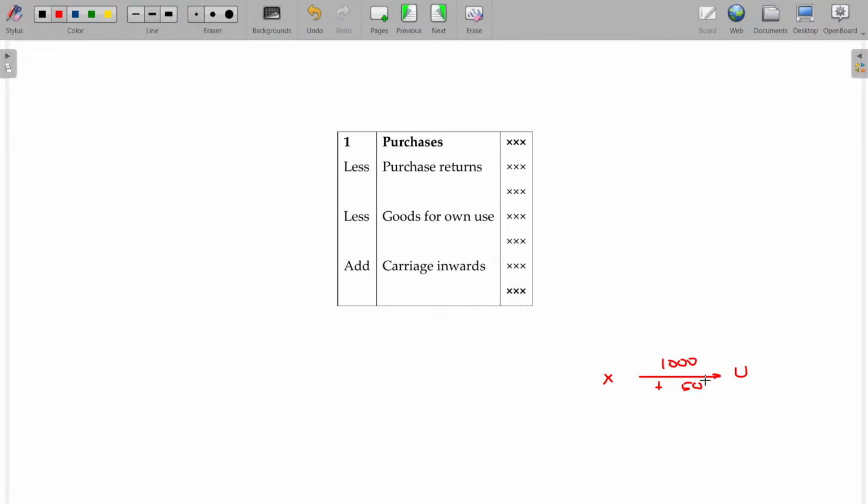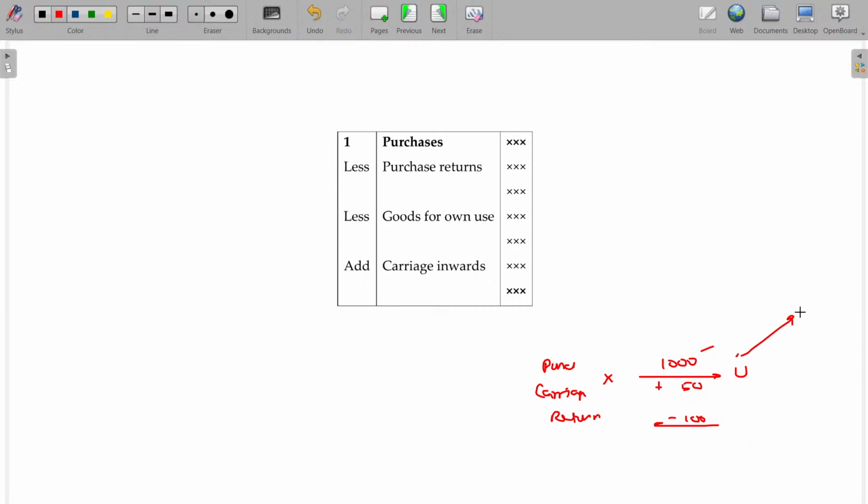And out of the goods received, an item of rupees 100 is not fit for your usage, so you simply return that. So what you have to do: 1000 rupees being purchases and 50 rupees being carriage. This is purchases, this is a return, and sometimes the asset purchased can be used by the owner himself.